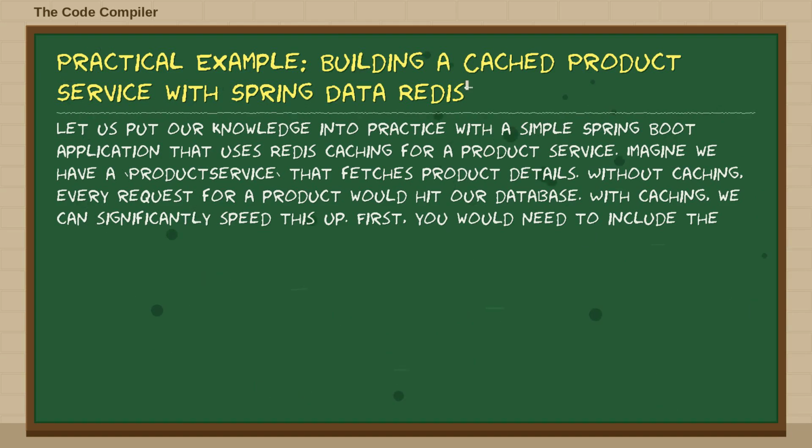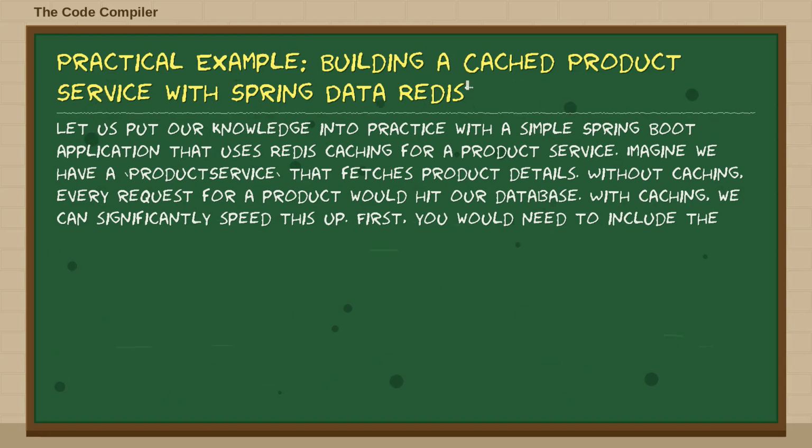Next, in your product service class, you would annotate the method that fetches product details, say getProductById, with @Cacheable, value is equal to products, key is equal to #id. Here products is the cache name and #id dynamically generates a cache key based on the method's ID parameter.